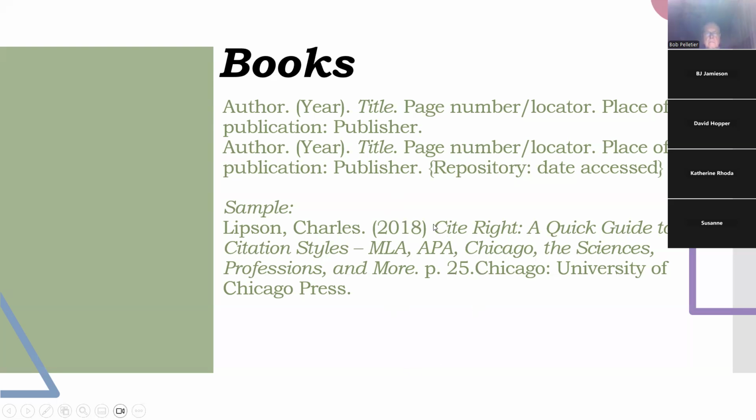Then you get the title, the page something was on, the place of publication. Big cities, Boston, Chicago, New York, London, Toronto, you can just do those. Portland, you'd want to put Maine or Oregon, and then the name of the publisher. And again, part of the reason you want this is that titles cannot be copyrighted.